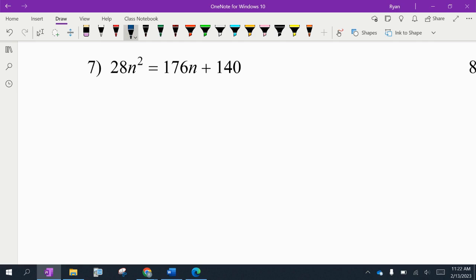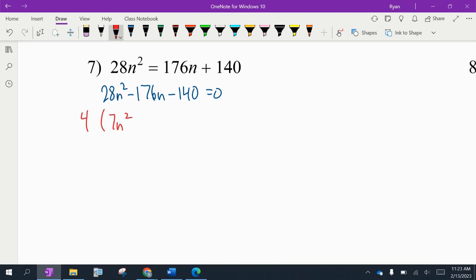In other words, subtract 176n, subtract 140 equals 0. There we go. Now, as I'm looking at this, these numbers look horrible, and I don't really know what goes into all of them necessarily, but I can start by taking out at least a 2 because they're all even numbers. And then maybe I can even divide them all by 4. So let's go ahead and try that.